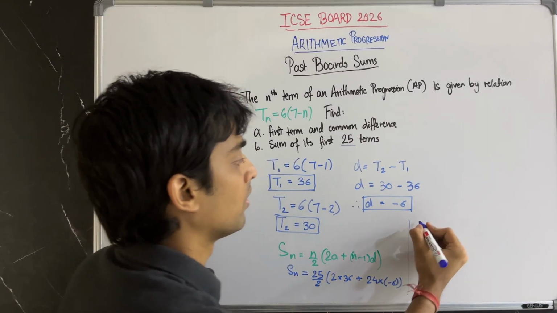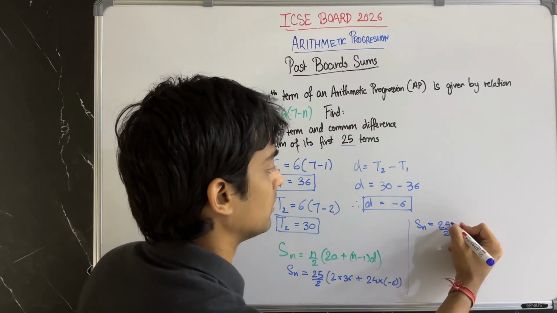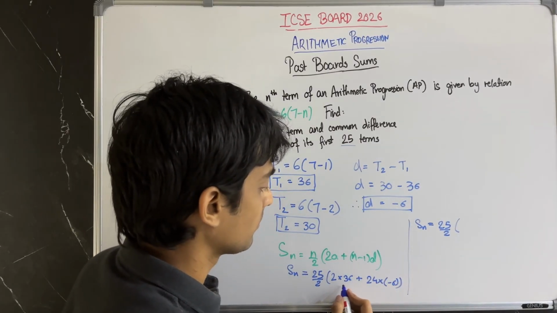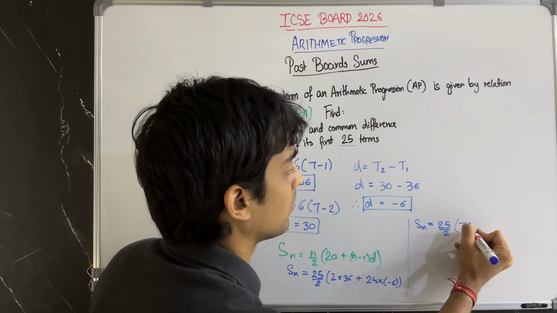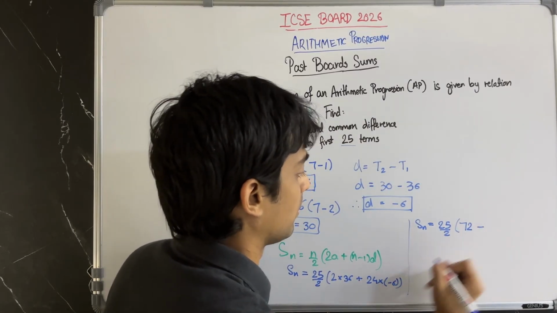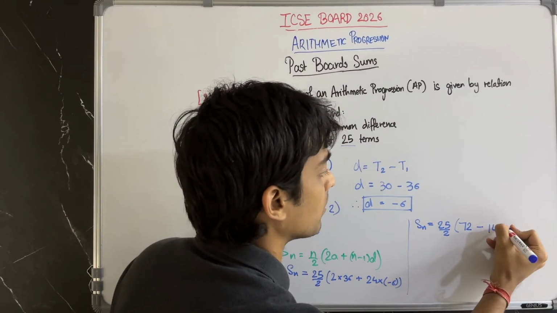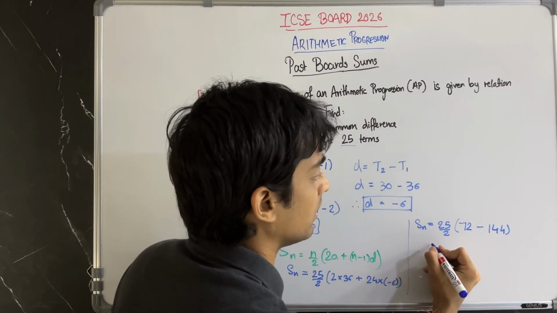Okay, we'll continue over here. We get Sn equal to 25 upon 2 in brackets, 72 plus 24 into minus 6, which will be minus 144.